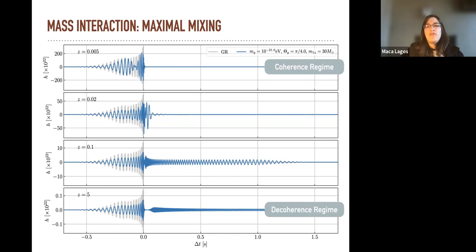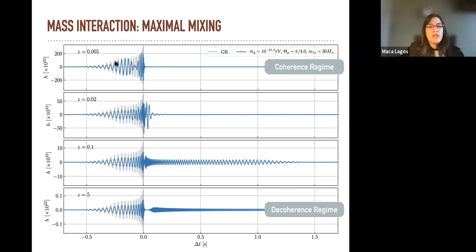In this case, we have fixed our parameters so that the mixing angle is maximal. As I was saying before, the two propagating modes contribute equally with the same amplitude to the total signal. And we have a mass of graviton of 10 to the minus 21 eV. So in all the panels in gray, we show the signal that you would detect in GR, and in blue is the actual signal that you obtain due to interactions with this extra tensor field.